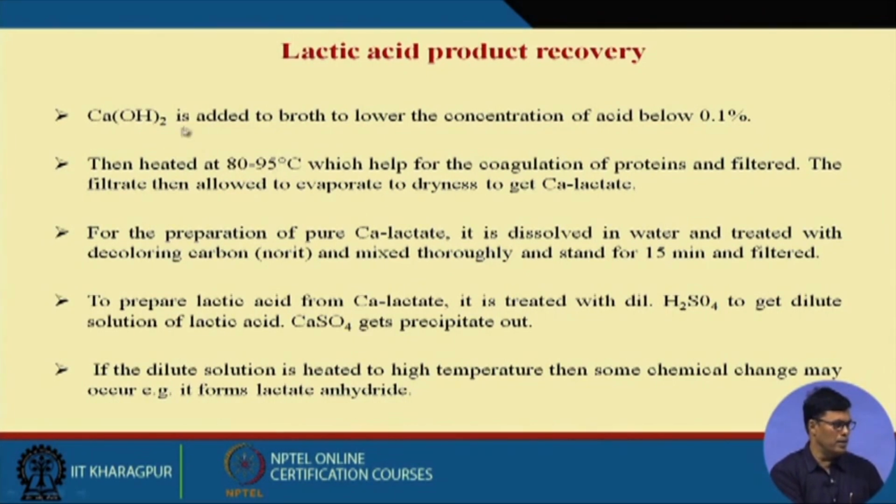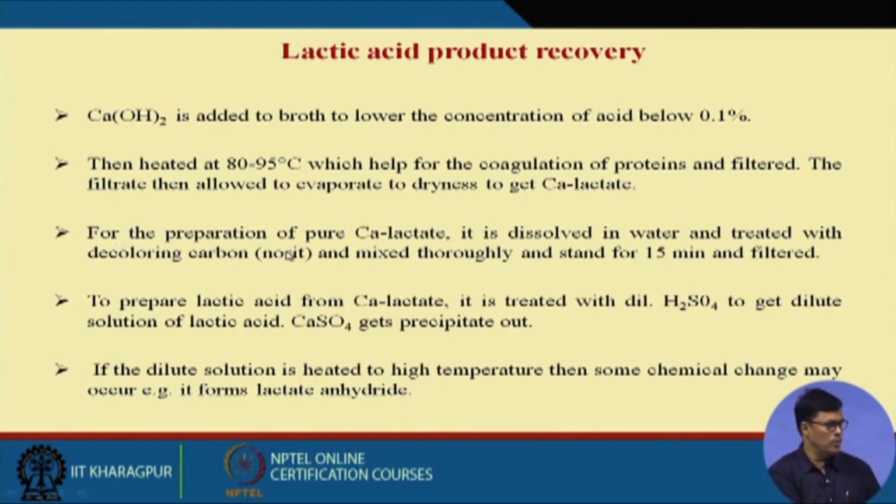So then the question comes, how do we recover the lactic acid? Calcium hydroxide is added to the broth to lower the acidity below 0.1%, and then it is heated to 80 to 95 degrees centigrade for coagulation of protein and filtered. The filtrate is then allowed to evaporate to dryness to get the calcium lactate.